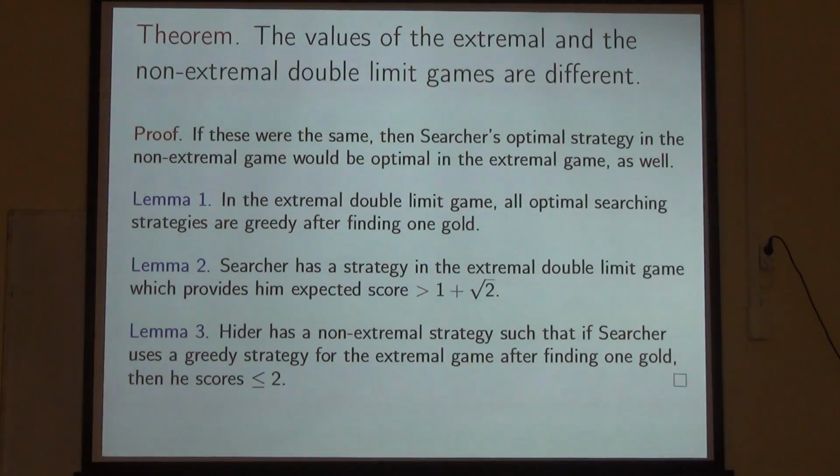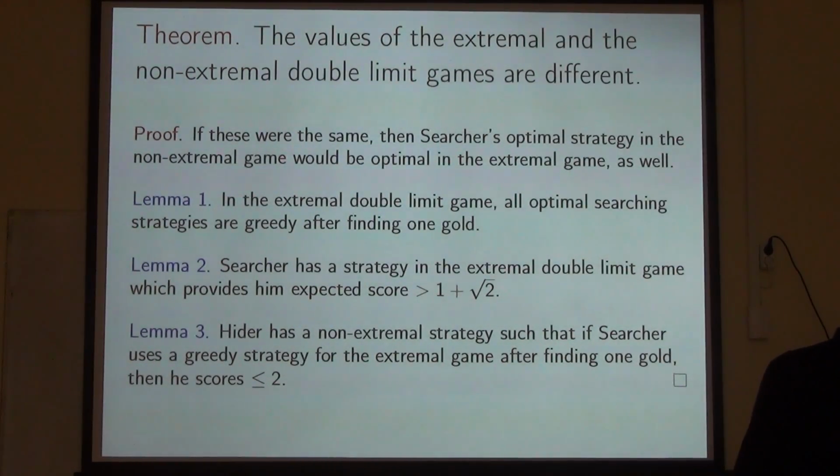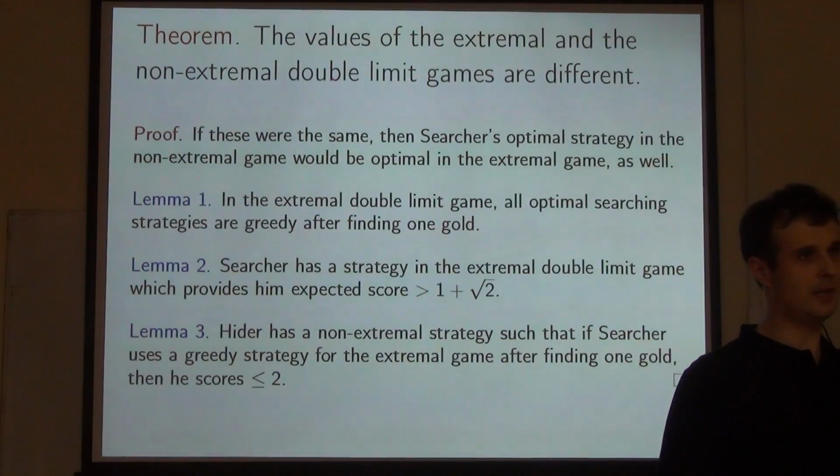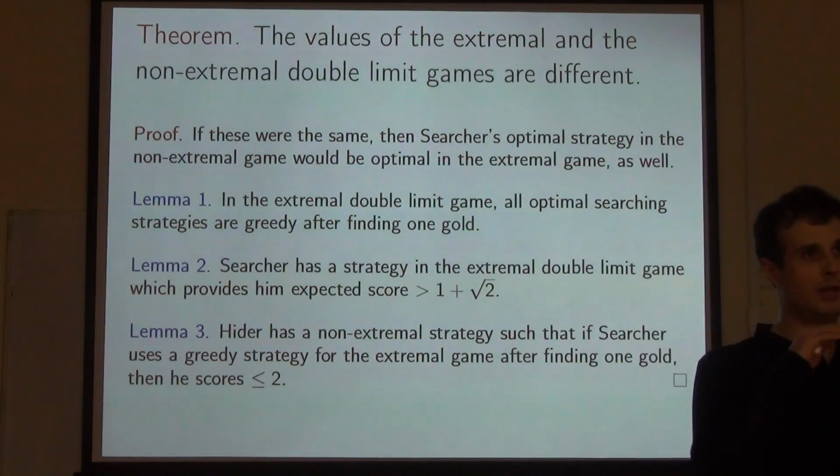So just this is the key thing to prove, and the proof is the following: if the searcher digs and finds a nut in the extremal game, if it finds a nut at depth y, what should he do next? In the extremal game, one nut is at depth y, the other one is at depth 1 minus y.